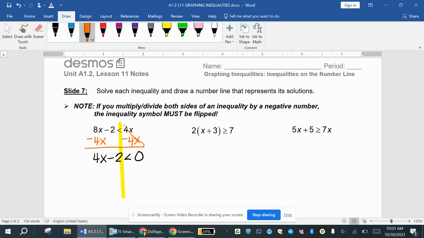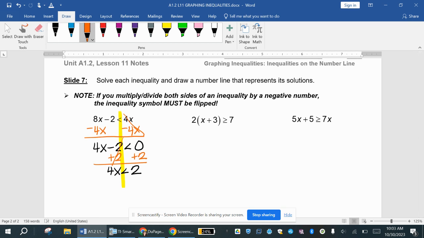Then I'm going to cancel addition and subtraction. Then multiplication or division. Because I'm not dividing by a negative on both sides, right? Look at what I divided by.